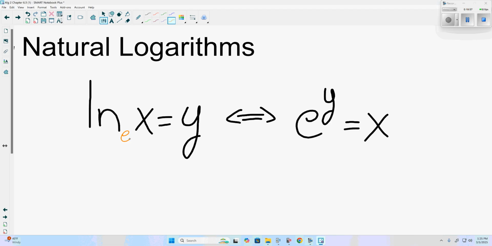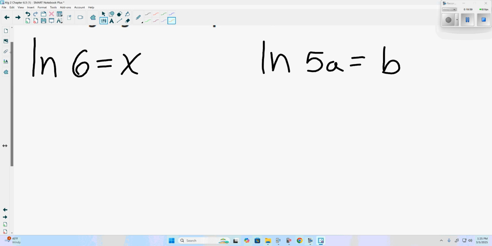So, let's look at this here. ln of 6 equals x. If we rewrote this as an exponential, we would have what? So the base would be e to the what?